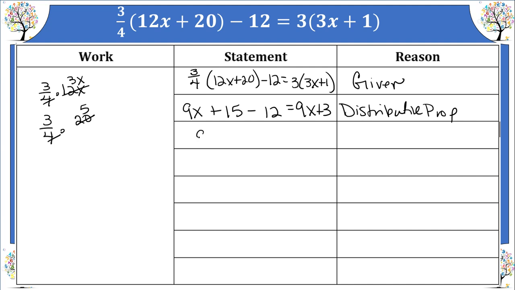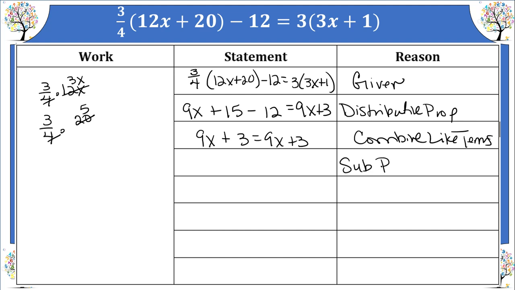We can combine these like terms. So this is combine like terms. We have variables on both sides. They're going to be eliminated because they're the same, but we're going to be subtracting. So we're going to say the subtraction property of equality.